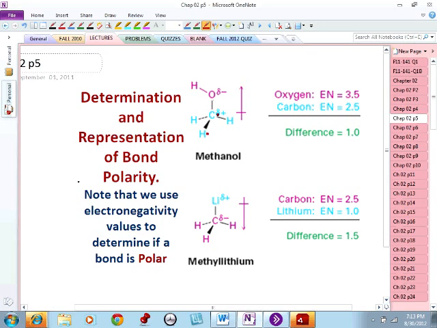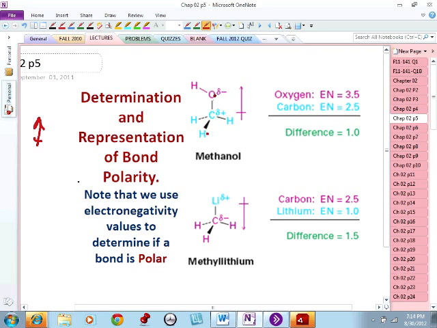And to represent that bond, we use a cross arrow, you see this arrow here, to show the direction of polarity. In other words, what we are saying is that the electron cloud is being pulled towards oxygen.